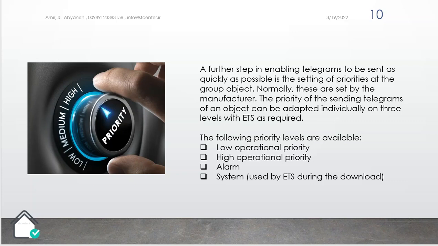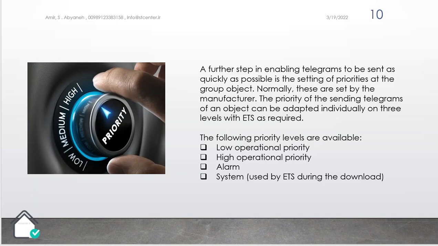Okay, remember that. The priority of the sending telegrams of an object can be adopted individually on tree level with the ETS as required. The low operational priority, by default, all the objects in KNX follow the low operational priority, but we can change it to high and alarm also.